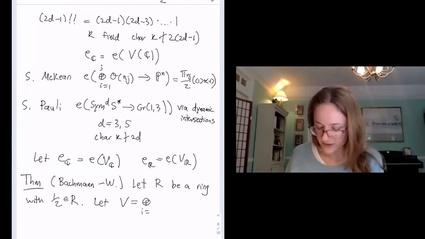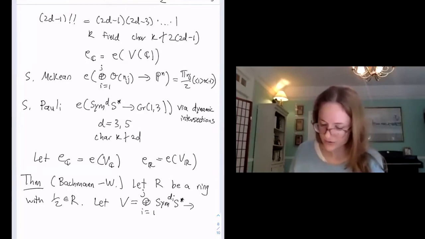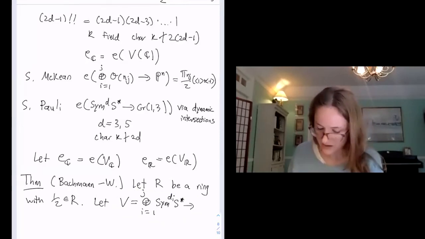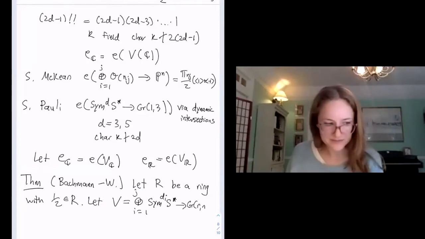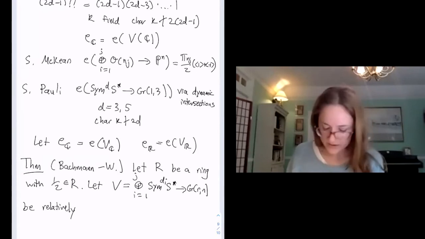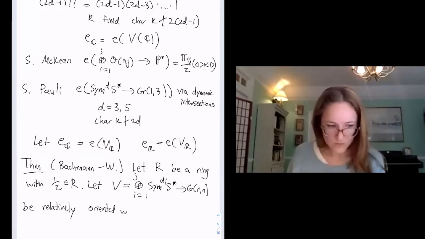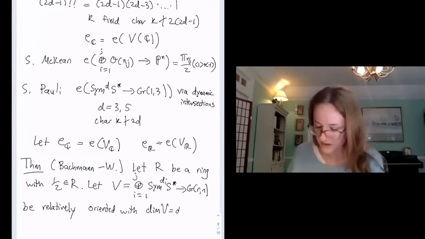We'll consider the vector bundle we started with, the sum of the d_i-th symmetric power of the dual tautological bundle over the Grassmannian, and let's let it be relatively oriented, with the rank of V equal to the dimension of the Grassmannian.